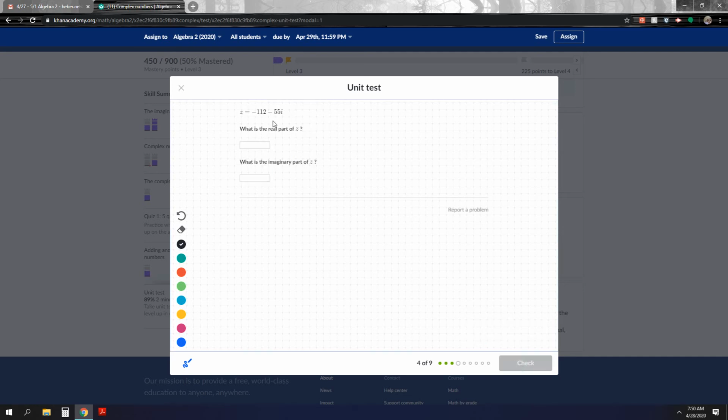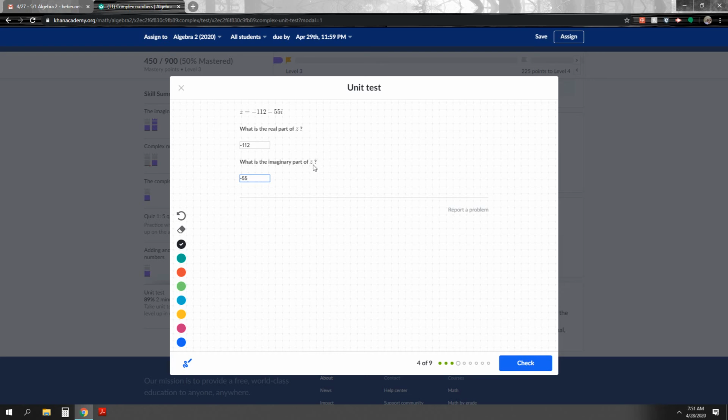Okay, now remember this. They want the imaginary part to only be the number, not the I. I don't know why this would be the way they would do it. I'm actually confused. The imaginary part clearly has to contain the I, otherwise it's not imaginary. But they only want the number.